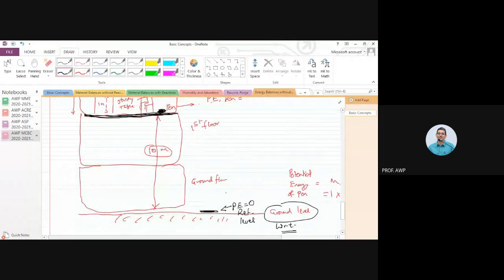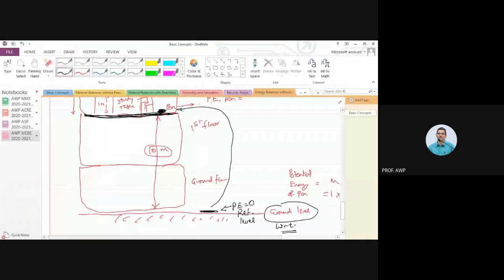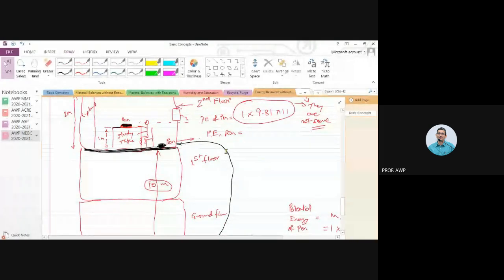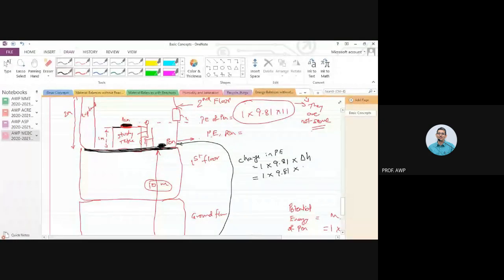Now we will bring the pen back to the second floor. The change in potential energy was 1 into 9.81 into the change in height of the pen, 20 meters.